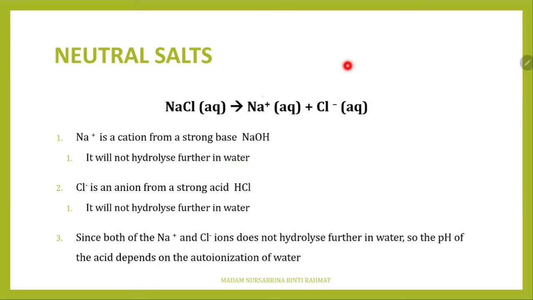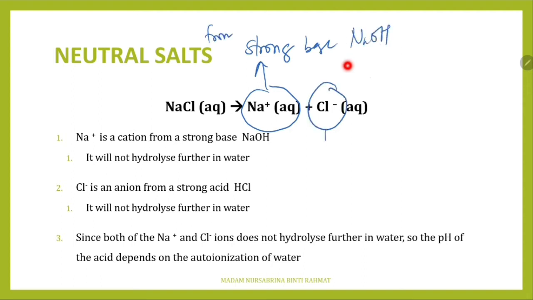Na plus in the NaCl comes from the strong base NaOH, whereas your Cl minus comes from strong acid, HCl. This is your cation and your Cl minus is your anion. Both are from strong acid and strong base, so these two will not hydrolyze further.